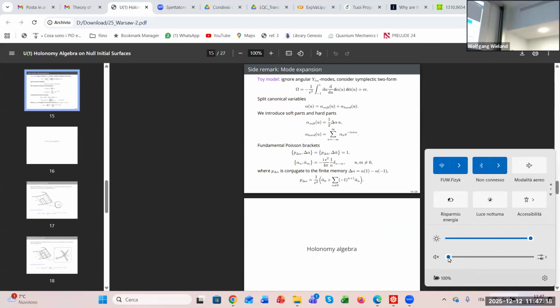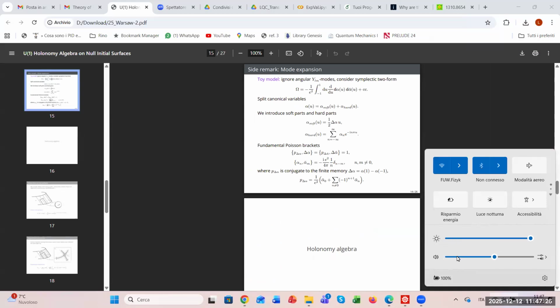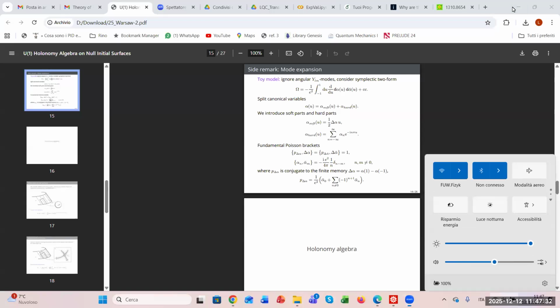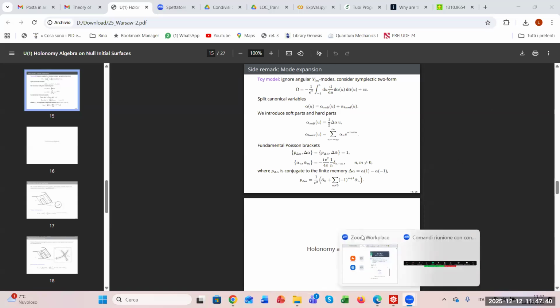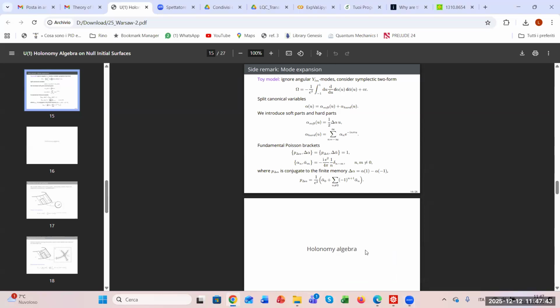Look, maybe plug out from the microphone and plug it. È spinto. Mi sa che è spinto.